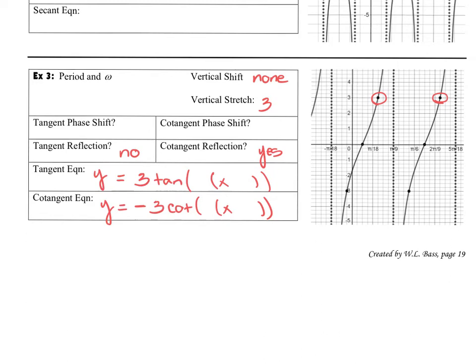I think the phase shifts are actually pretty easy to grab on these. On the phase shifts, what we can do is, again, think about the parent graphs. A parent tangent graph would cross right at 0, 0. So you can easily find the phase shift for tangent by just using any of these nice points right here, because instead of at 0, 0, it's been shifted over to right here.